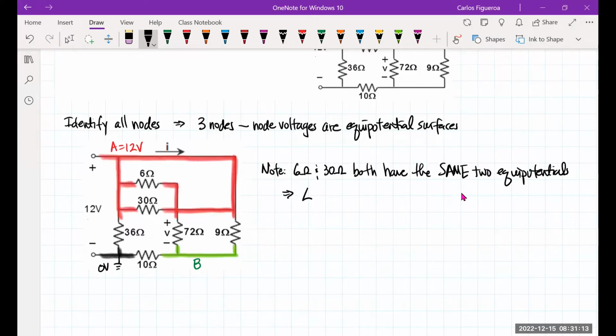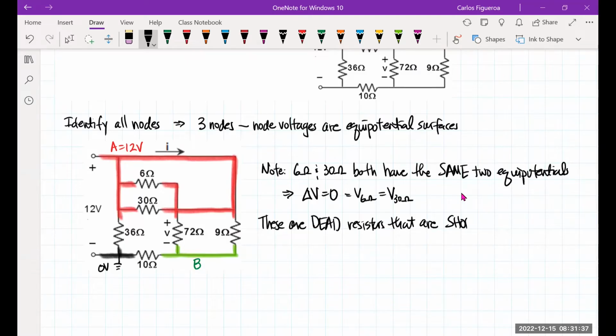So that means that the voltage of the 6 ohm and the voltage of the 30 ohm are 0. In other words, these are dead resistors that are shorted out.